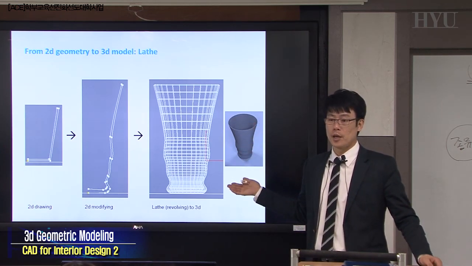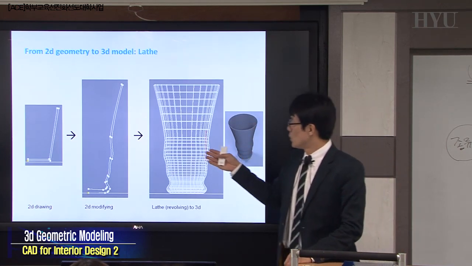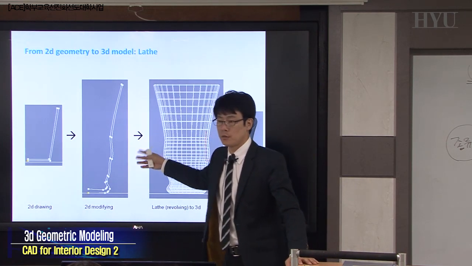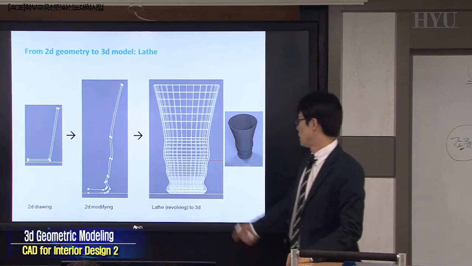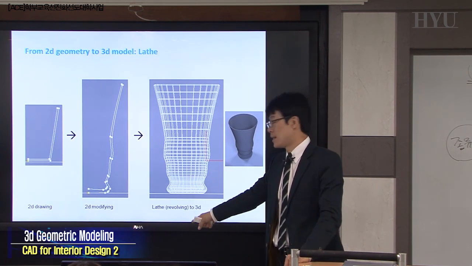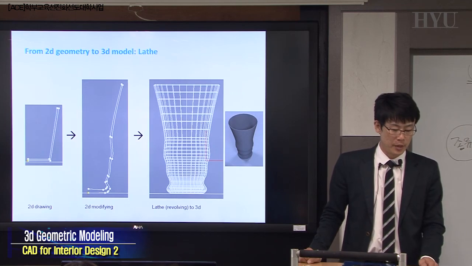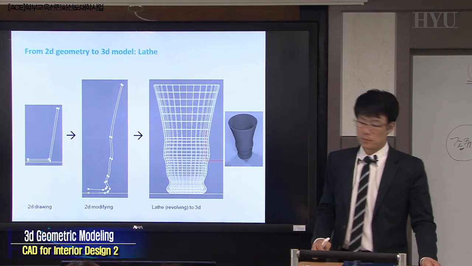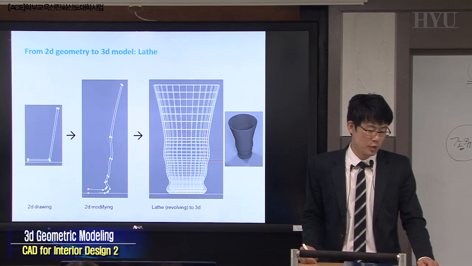There is a modifier named lathe. With a simple 2D drawing and some modification for detailed 2D editing, you revolve it using the lathe modifier in 3D Max so that you can create this kind of vase or cup-like geometry.